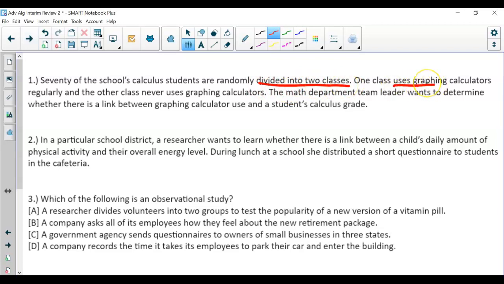One class uses the calculators and the other never uses them. The team lead will then determine the calculator use and how it affects. Because these groups were created, there is control over 2 groups. One uses, one doesn't use. You are telling them what to do. This is an experimental study. You have control over these 2 groups.